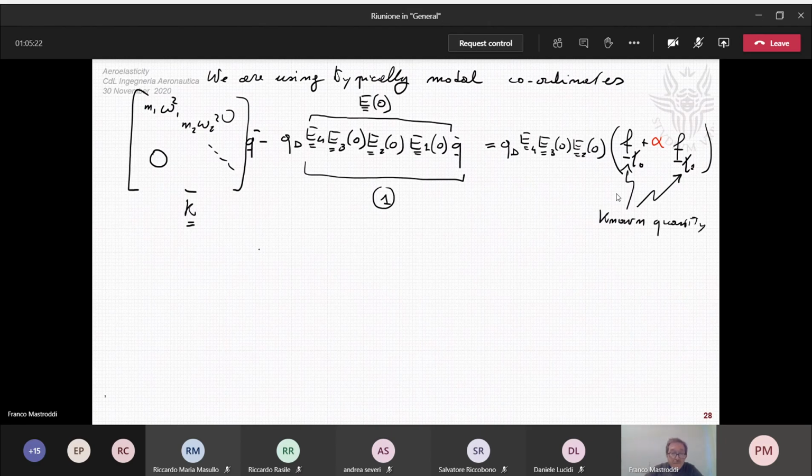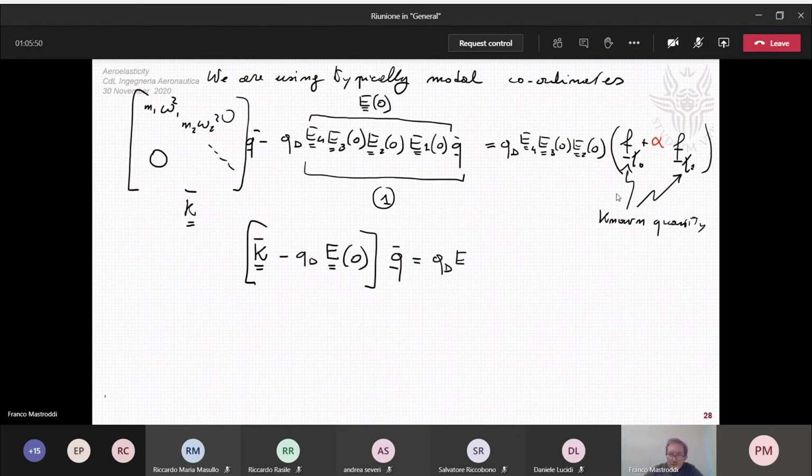You have the generalized stiffness matrix here. You have minus dynamic pressure multiplied by the aerodynamic matrix evaluated at zero frequency, and this matrix is applied to our modal coordinate vector in steady condition, and this is equal to dynamic pressure.